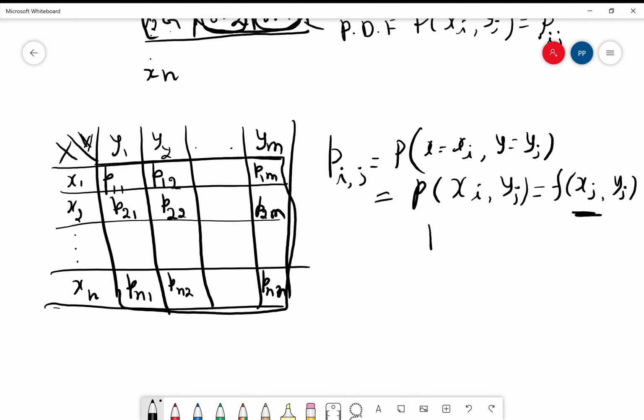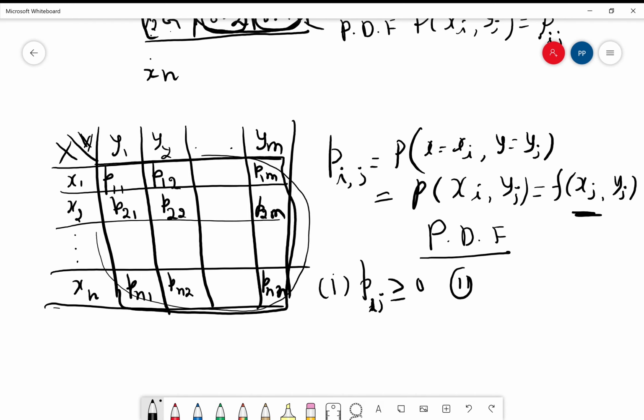So this is the probability density function of the joint distribution, and it satisfies two conditions. It takes only non-negative values, Pij is greater than or equal to 0, and the second condition is that the sum of all these values must be equal to 1, that is, double summation i ranging from 1 to n, j ranging from 1 to m, Pij is always equal to 1.